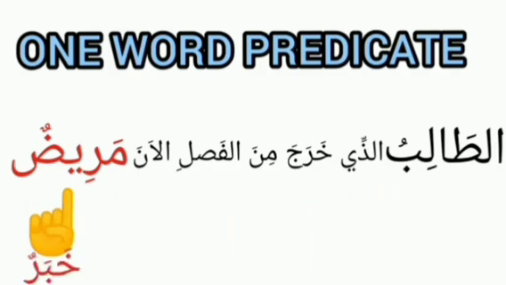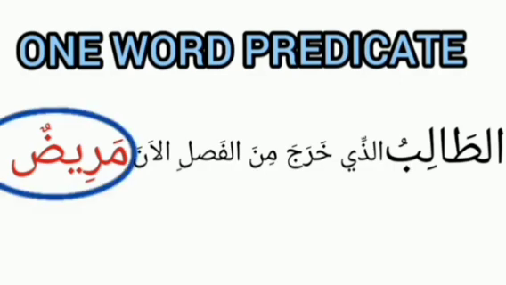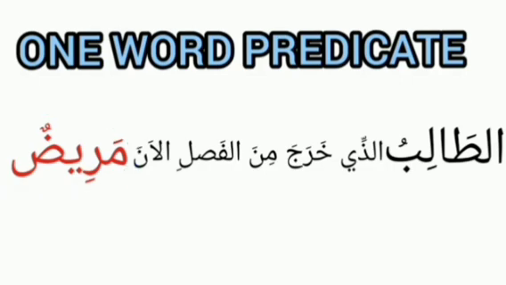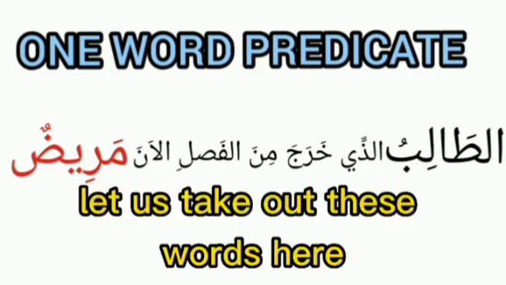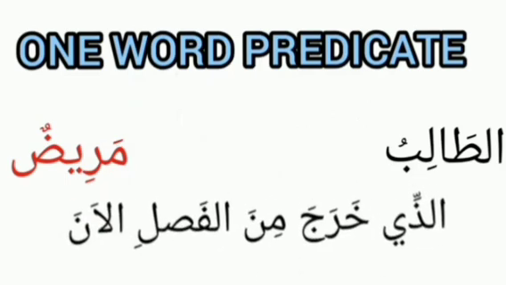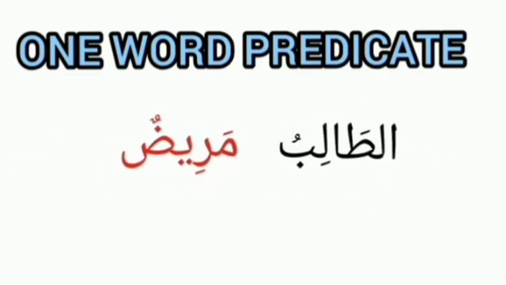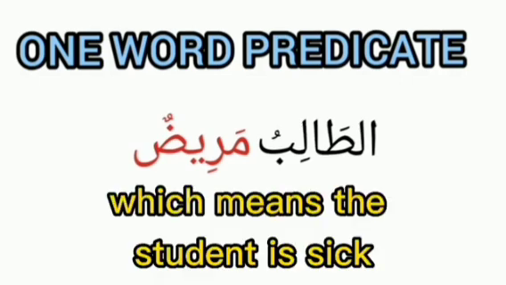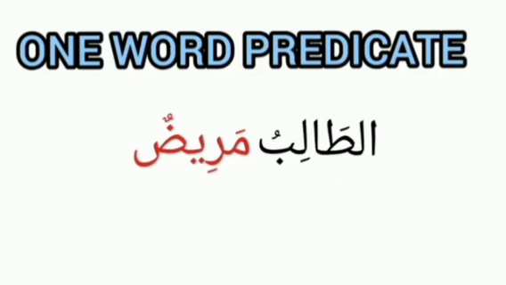As you can see, the khabar maridun is in the nominative case ending as it is the only word that is carrying the tanwin. For you to further understand that maridun is the khabar, let us take out these words here, الذي خرج من الفصل الآن, to see if the sentence will still make sense. Now we are left with الطالب مريض, which means the student is sick.